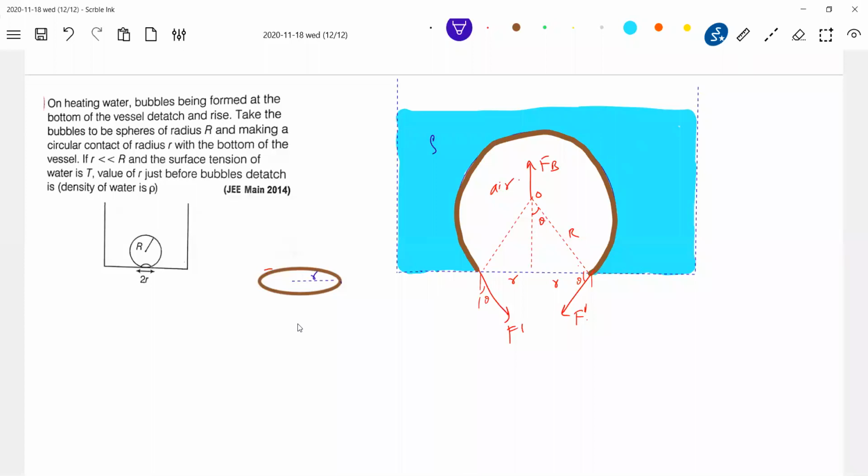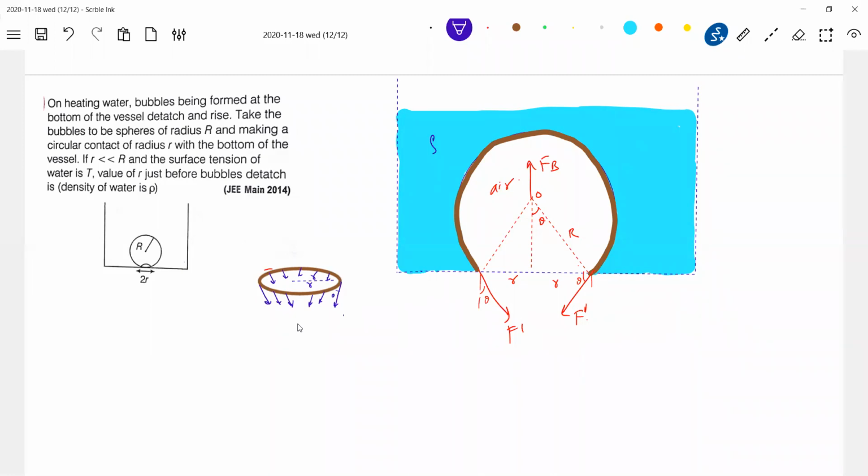Here the force everywhere will be the same. More than this, nobody can draw the diagram. This is theta. Tell me, what is this radius? This is smaller, no? And then the perimeter of this is 2 pi r.